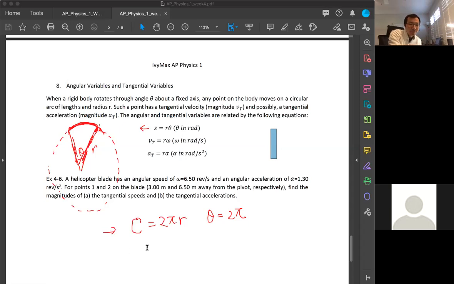But now we only have L as a part of this arc, with angle theta. They should be proportional to each other. So the ratio 2 pi r over L equals 2 pi over theta. Obviously, I'm using the radian system for theta. You cancel out 2 pi, and it gives you L equal to R theta.